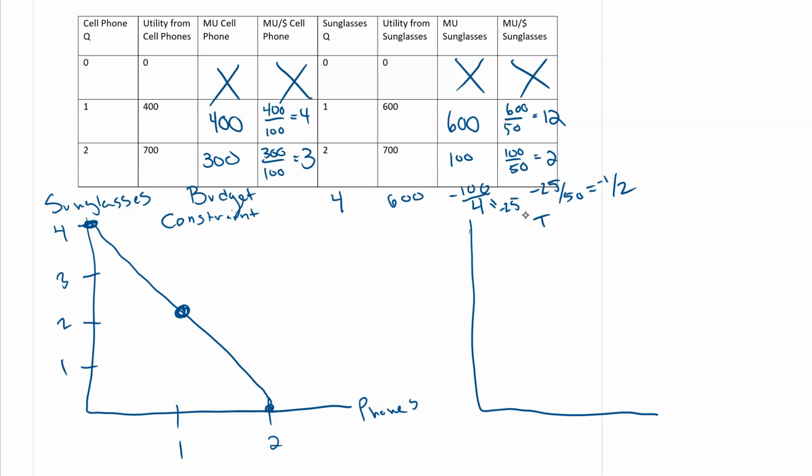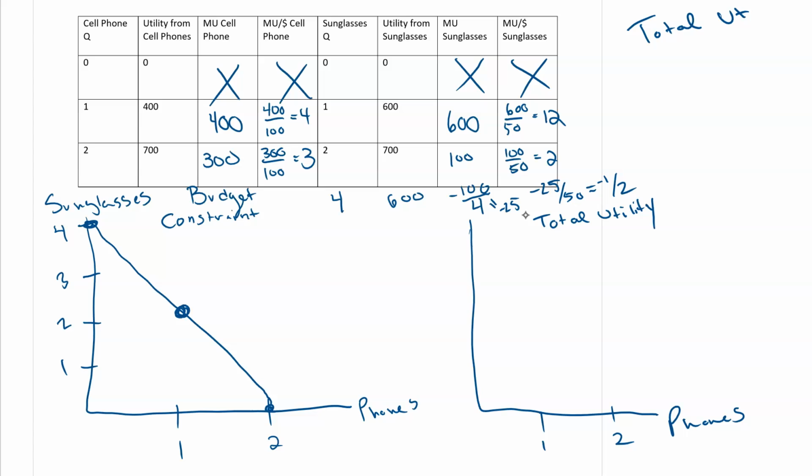So this is going to be our total utility graph. So if we're looking at phones, consume 1 and 2. We need our total utility.